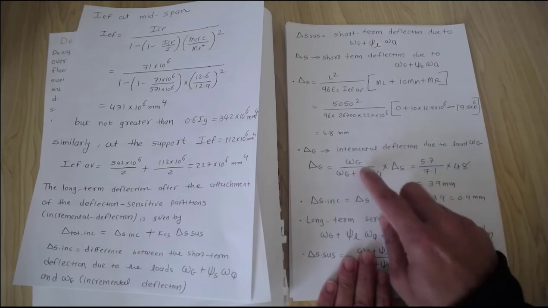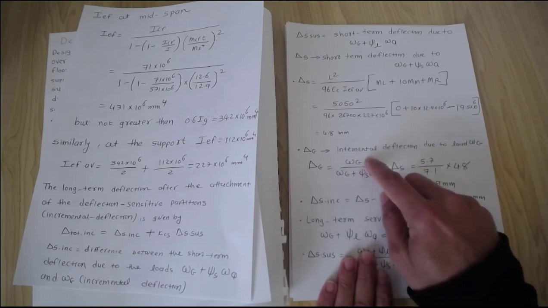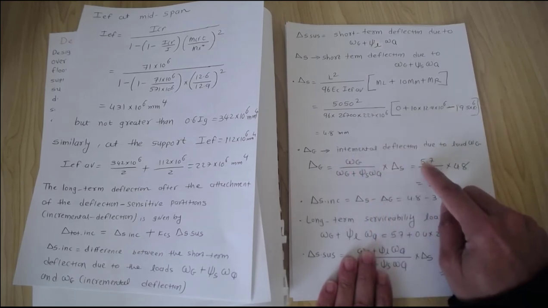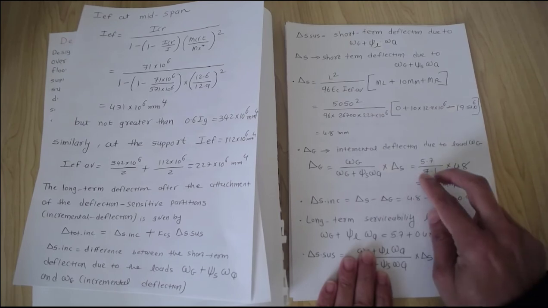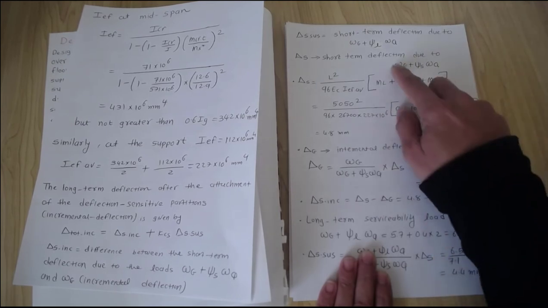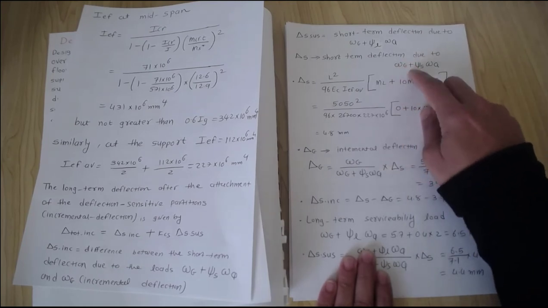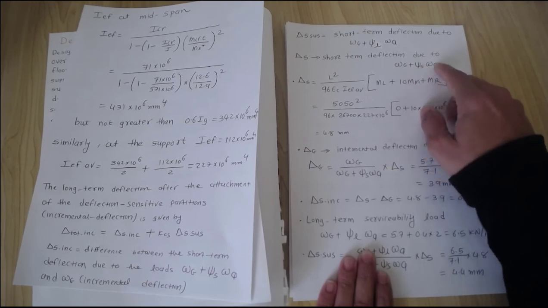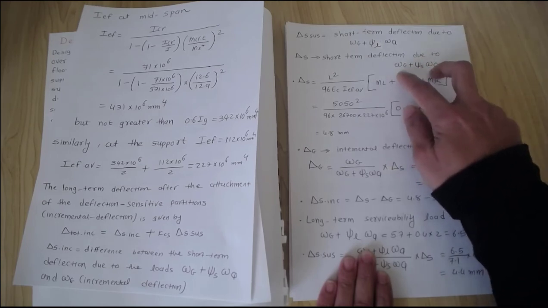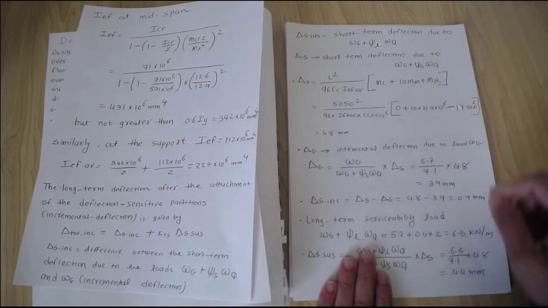I think this one is just the dead load, 5.7 over 7.1, which we calculated in the previous videos. We can have the dead load plus the short-term factor 0.7 times the live load. We calculated the dead load, live load and short-term factor 0.7.